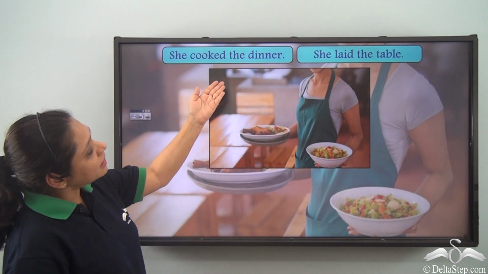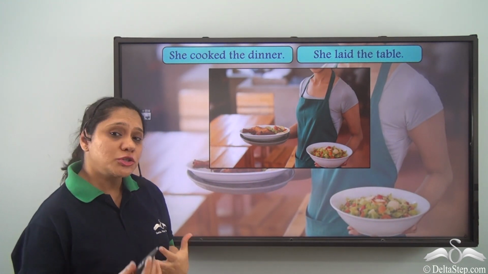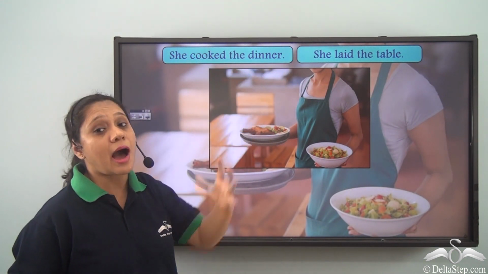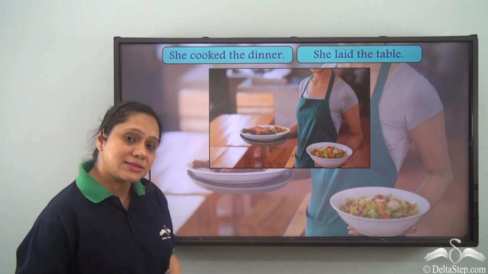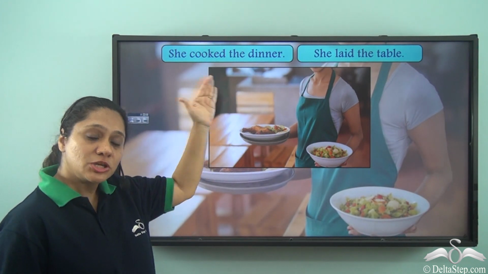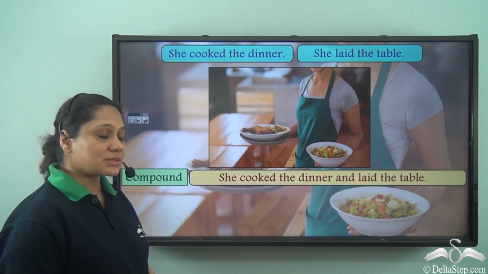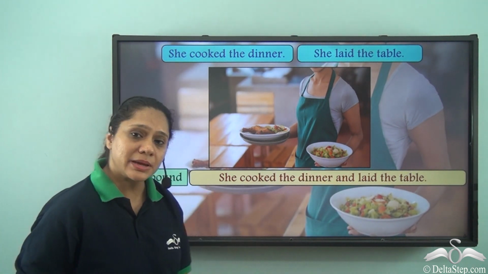She cooked the dinner, she laid the table. So here what do we see? We see that both these clauses are equally important to tell us the work that she has done. Now we can join both these independent clauses or simple sentences to form a new compound sentence: she cooked the dinner and laid the table.